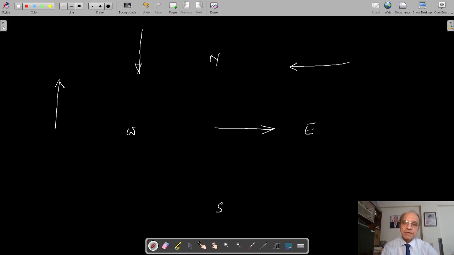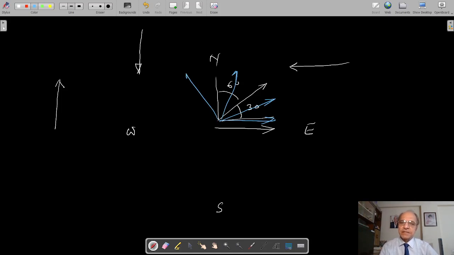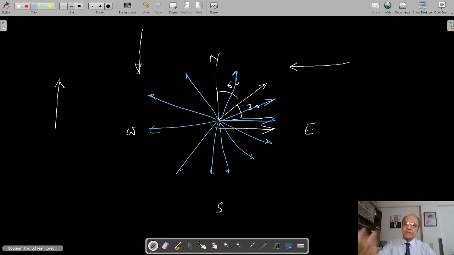Or we can say this is a vector which makes an angle of maybe 30° with east towards north, or an angle of 60° with north towards east. So we can represent a vector in any direction. Right now I am discussing vectors in a plane, that is, two-dimensional.